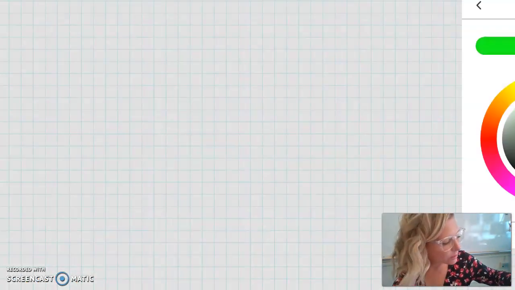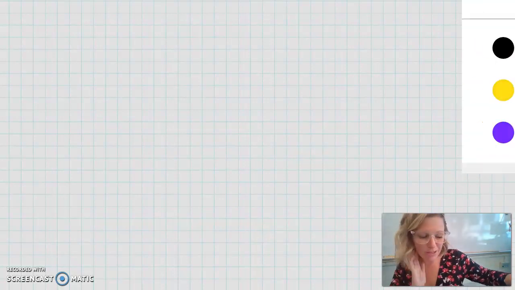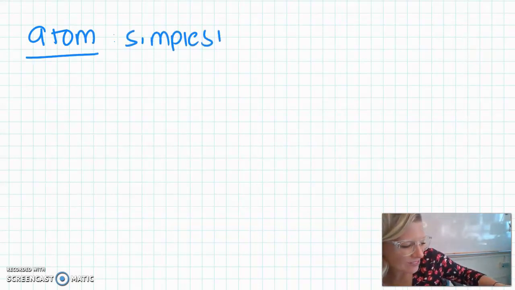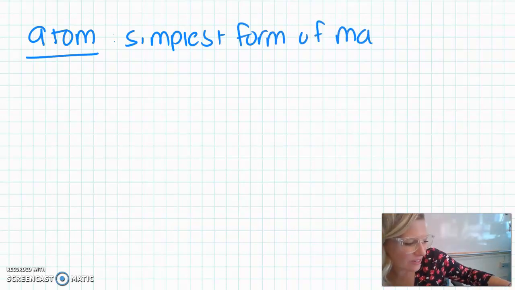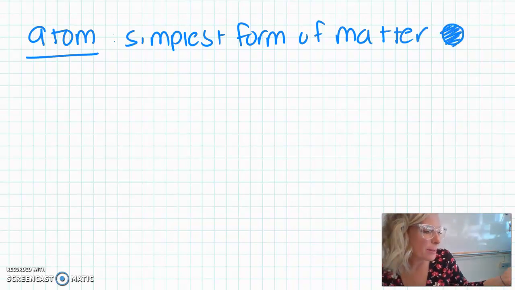All right, let's very quickly add our definitions of atom and molecule since we've been using those. An atom is the simplest form of matter. It's singular, and we typically represent it with a nice little ball like this.